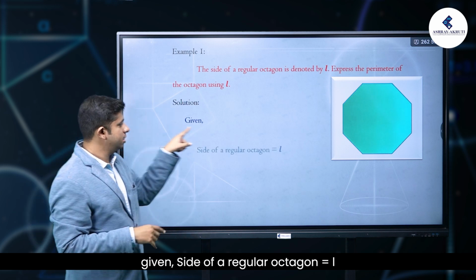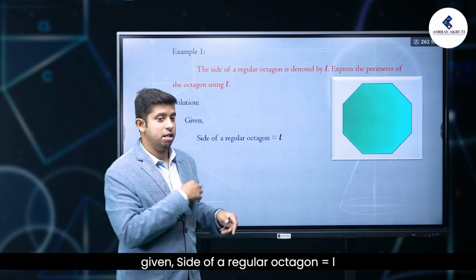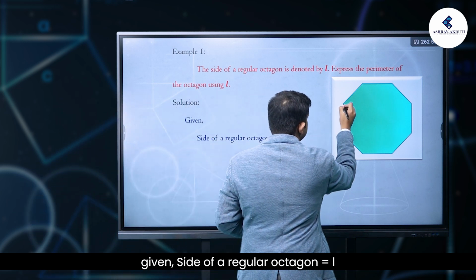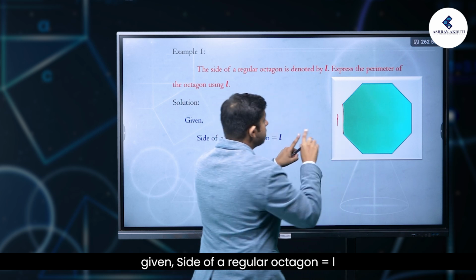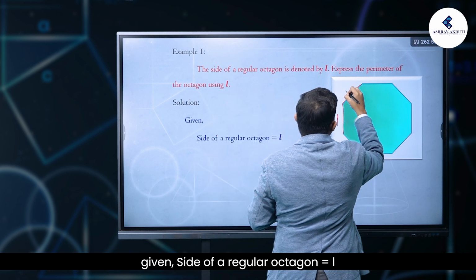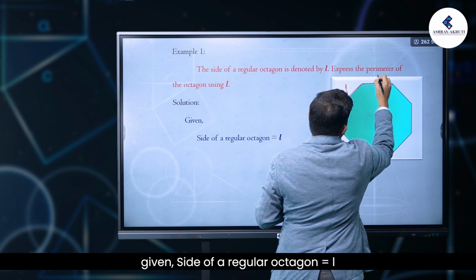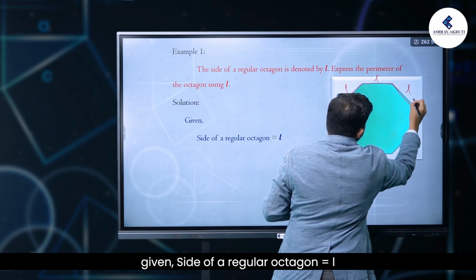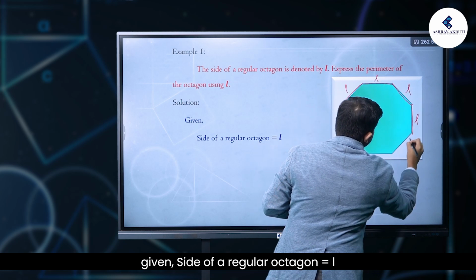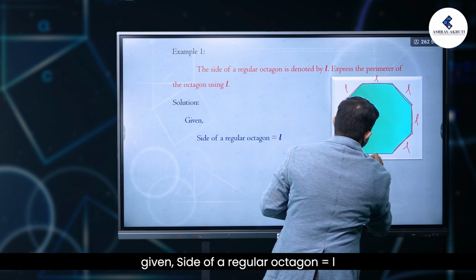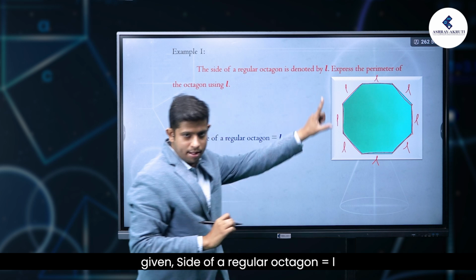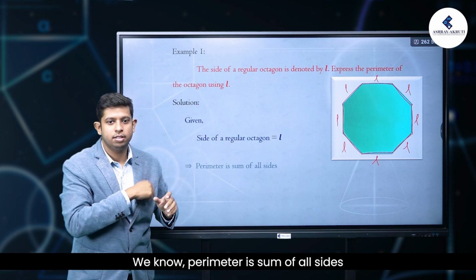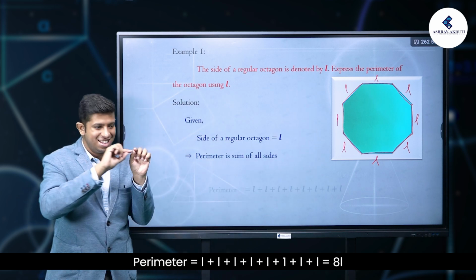Given, side of a regular octagon is equal to L. We know perimeter is the sum of all sides.